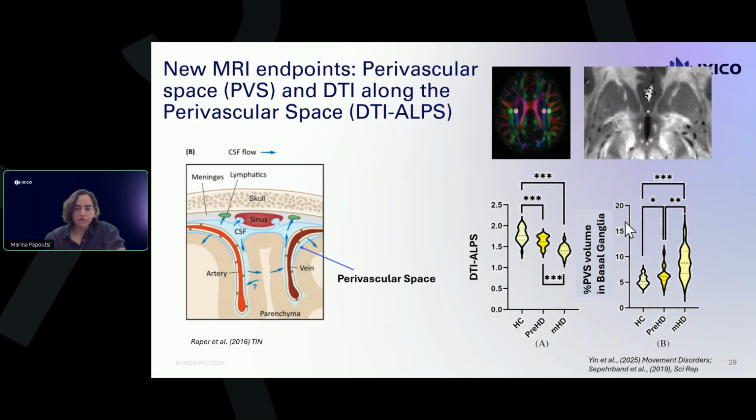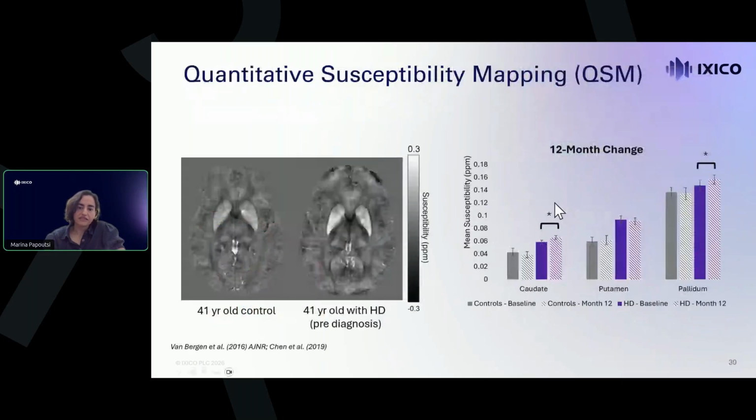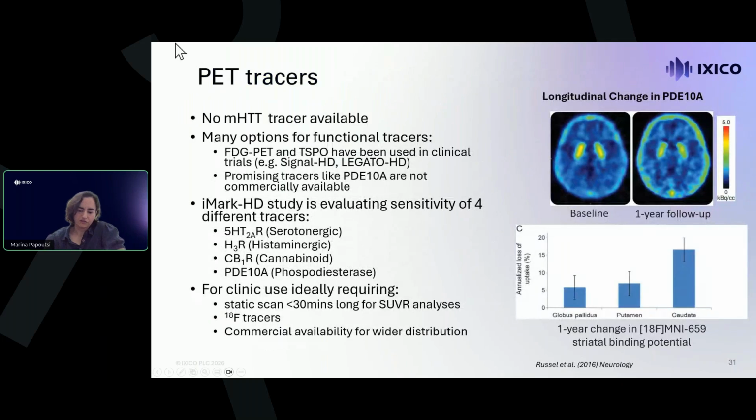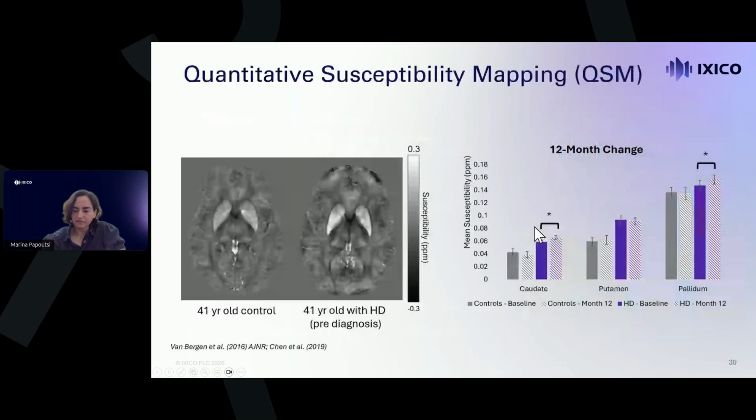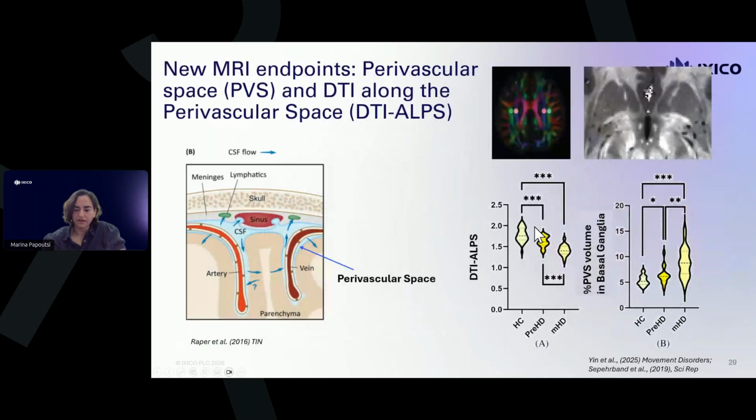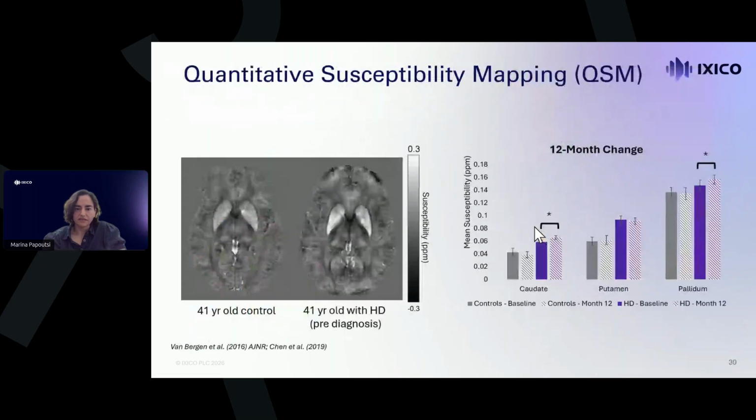Moving on, another of the methods used in clinical trials is quantitative susceptibility mapping. It provides really nice contrast in the striatum.